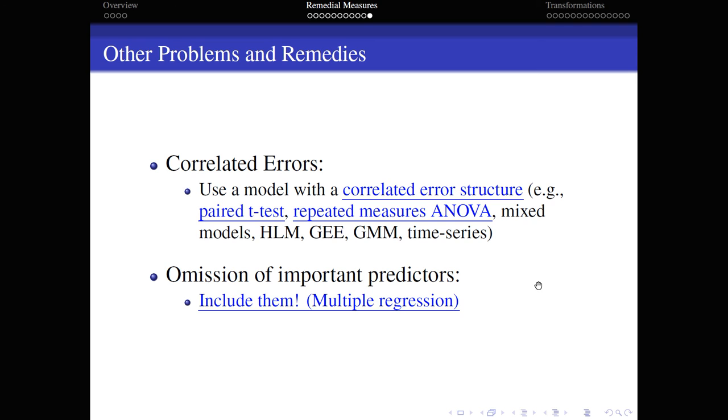But if it's extremely related to the outcome and extremely related to the independent variable and how those things relate, then it's going to be very, very difficult to make the argument that your analysis is meaningful and your conclusions and interpretations are valid if that predictor isn't included in the model.